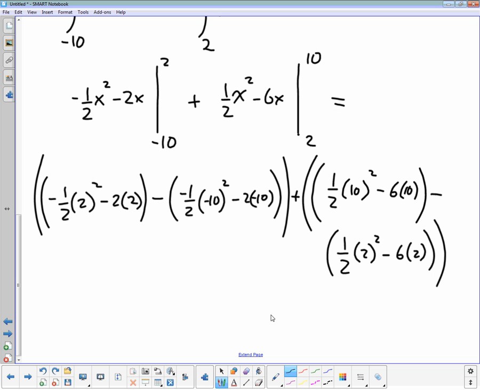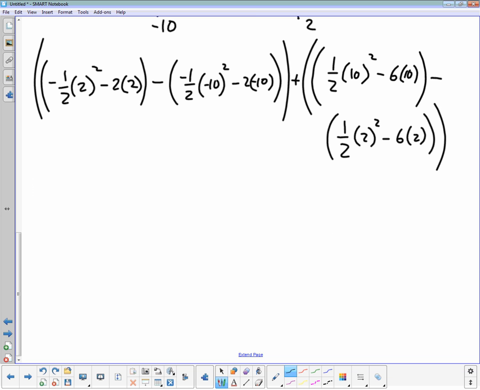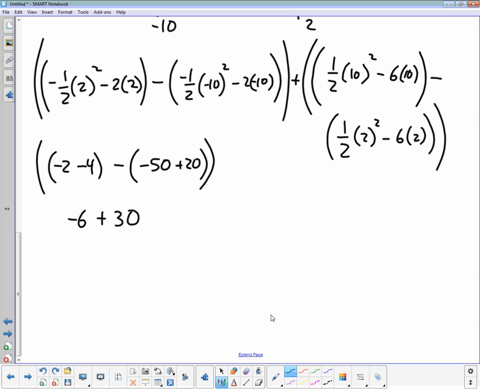It's just a whole lot of algebra. It looks big and evil and horrible, but in reality, it's just arithmetic. So this becomes negative 2 minus 4 minus 100 minus 50 plus 20. So I get negative 6 plus 30, so 24.